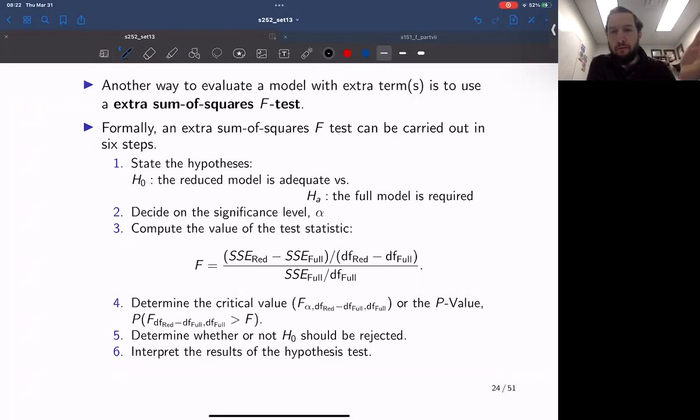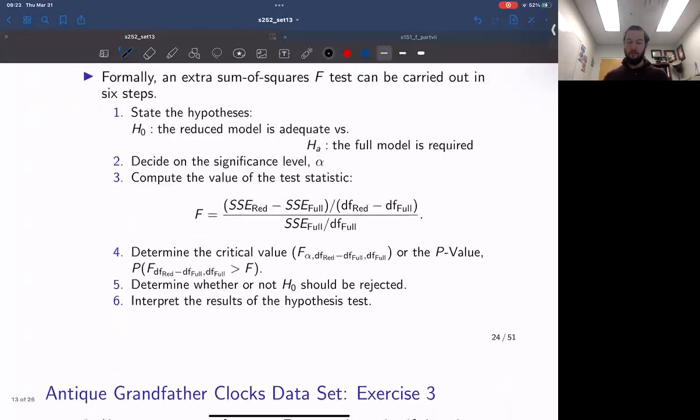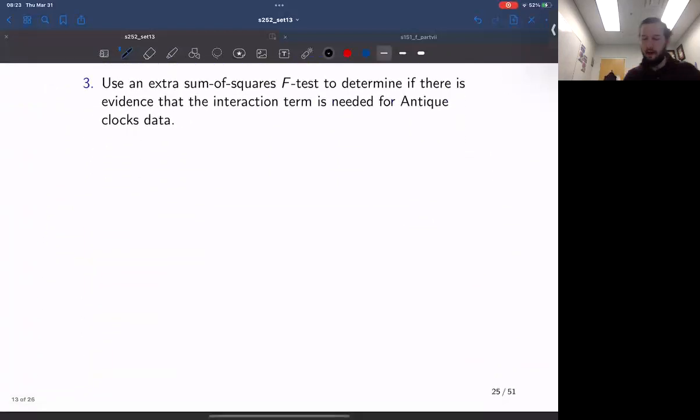Then we have our critical value or p-value approach, conducted in the usual way, and then we determine if we should reject or not reject and interpret the result of the test. The assumptions of this test are the same as the assumptions we've been using for the regression line in general. So assuming all the assumptions are checked for the regression line, you can run this test.